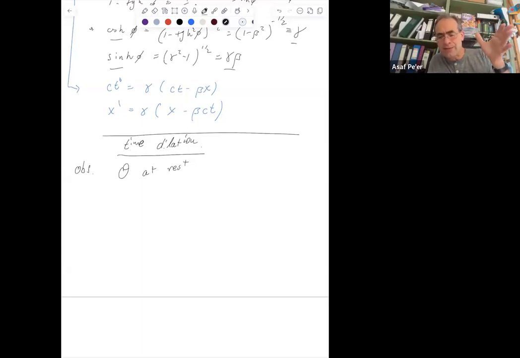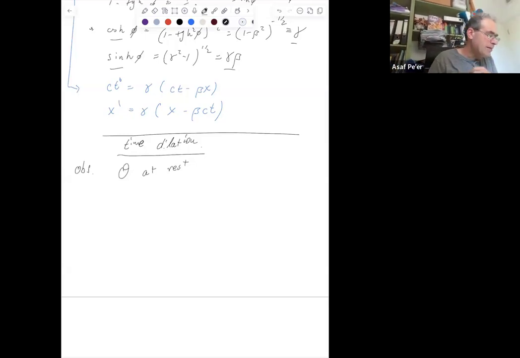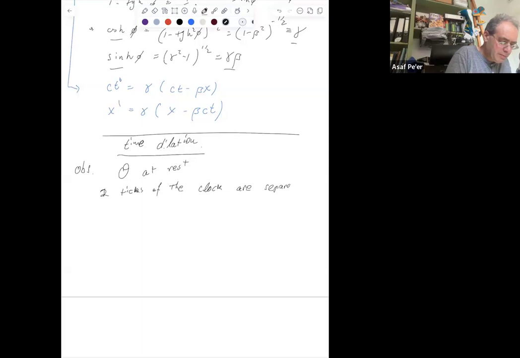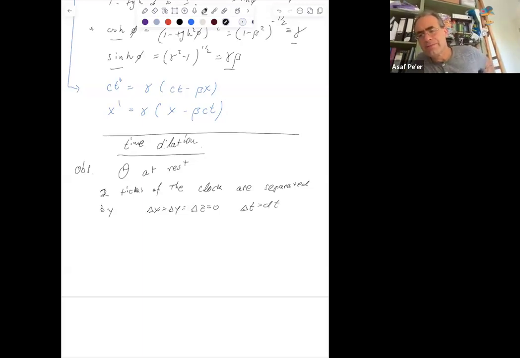The clock is not moving relative to me. So in my frame, two ticks of the clock are separated by delta x, delta y, delta z equal to 0, and delta t is dt, which is what the manufacturer of the clock meant.